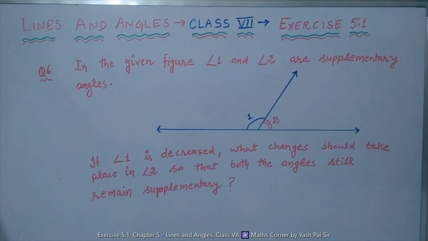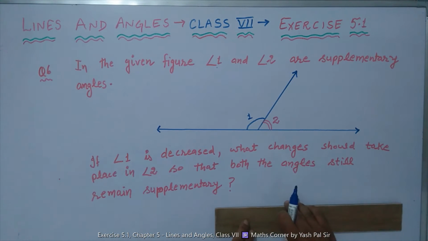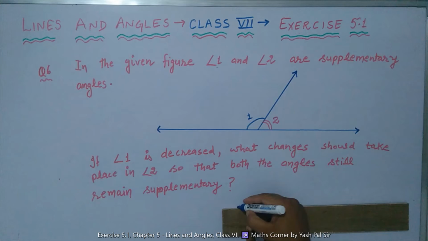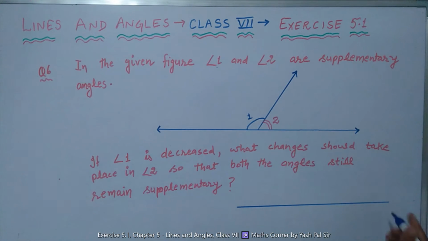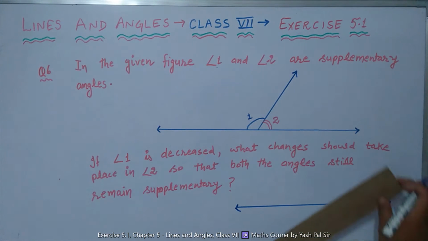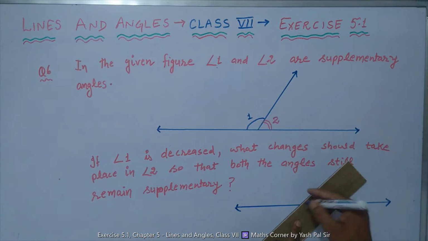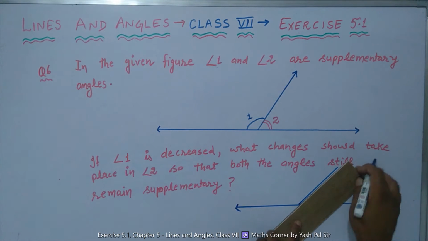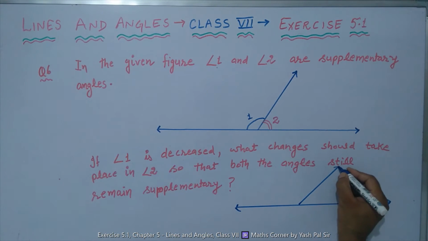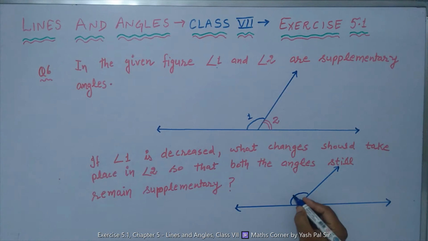So here, suppose I am drawing one straight line, and suppose this is angle 1 and this is angle 2, right?